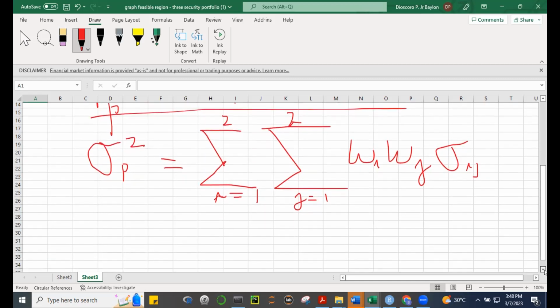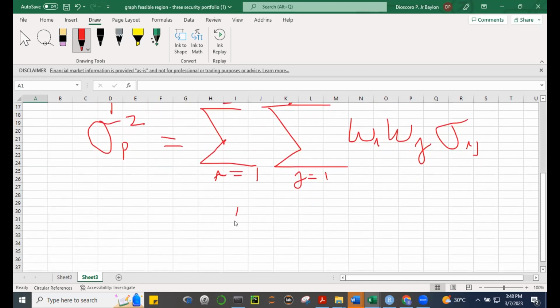So the first pair is 1 with 1. Your I is 1, your J is also 1. Class, what's W1 times W1? W1 squared. Yeah, of course, W1 squared.